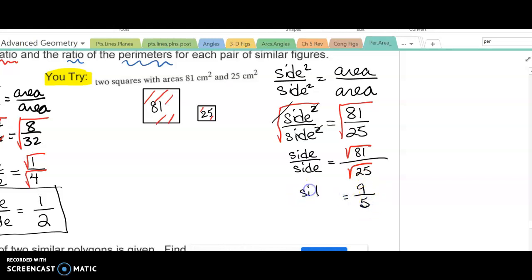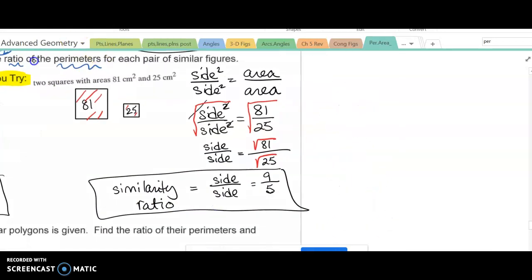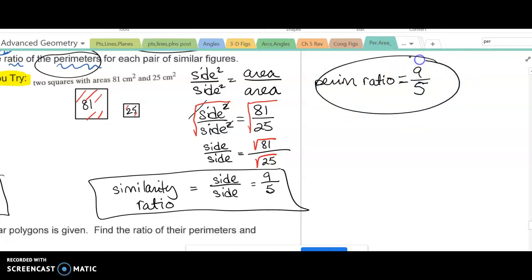So our side-to-side ratio, our similarity ratio is 9:5. But remember, that was only one of the two things we were supposed to find for this problem. We were also supposed to find the ratio of the perimeters. But we said the perimeter to perimeter ratio will always be the exact same. So it is also 9:5.